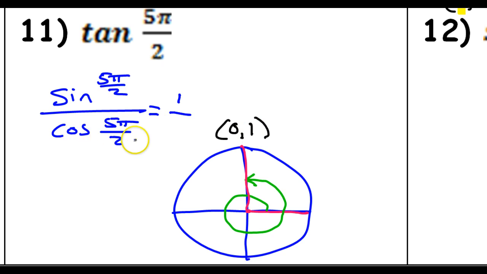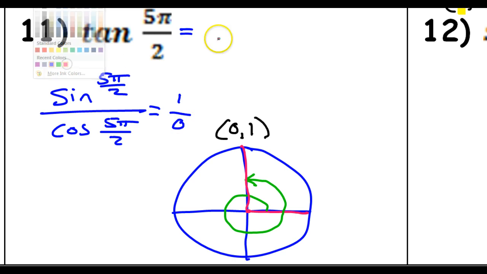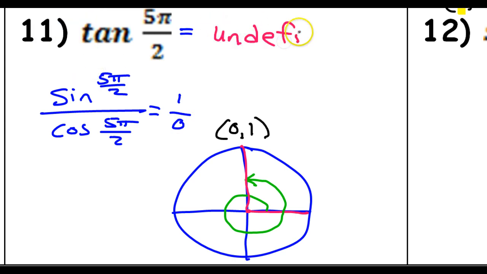The cosine is going to be 0, because that's the x value. So this tangent has a value of 1 over 0, but hopefully it jumps out at you that this is undefined. Can't divide by 0.